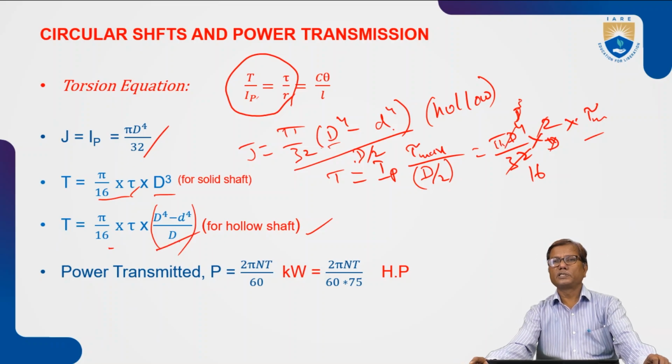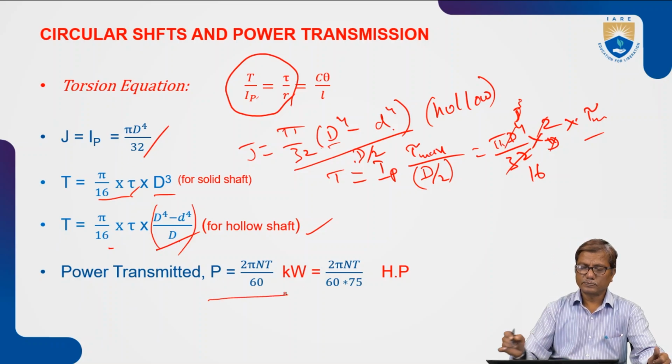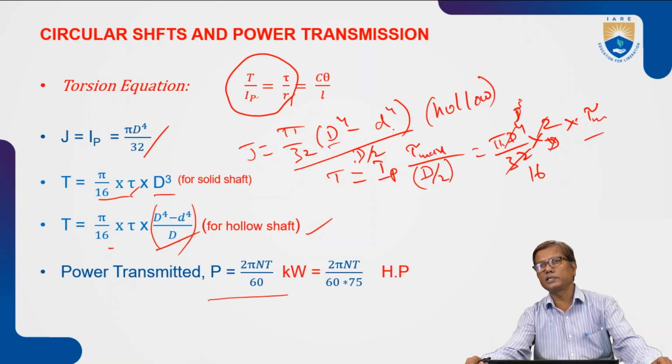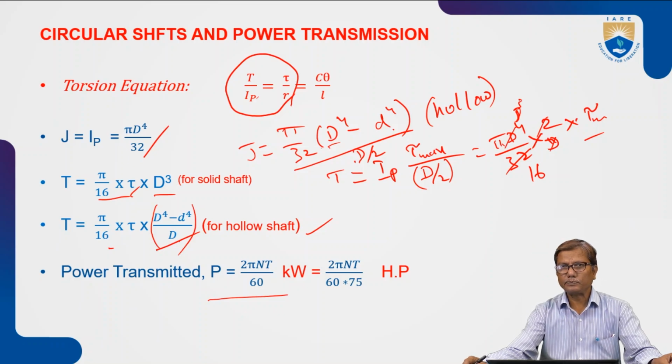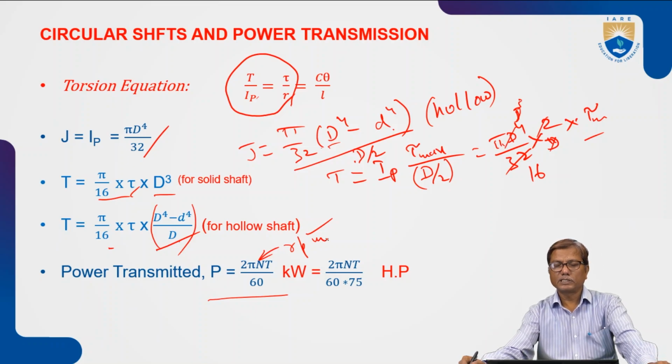And the power transmitted is equal to 2 pi N T by 60, where N is the speed of the shaft in RPM. T is torque.